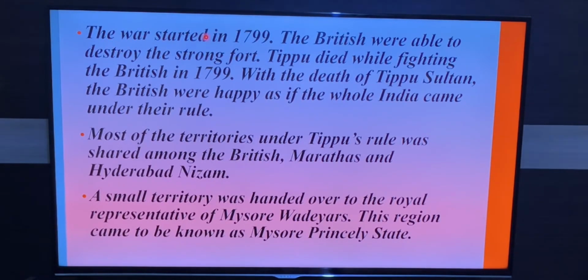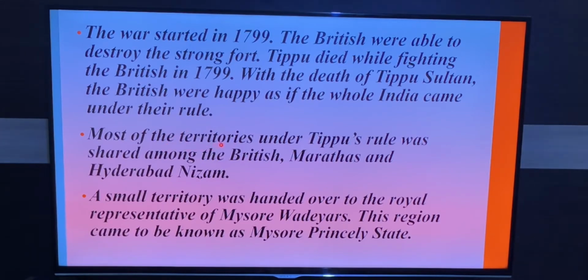The war started in 1799. The British were able to destroy the strong fort. Tipu died while fighting the British in 1799. With the death of Tipu Sultan, the British were happy as if the whole of India came under their rule.